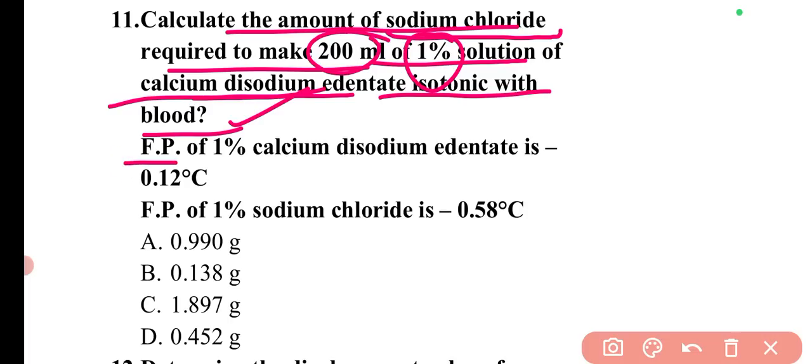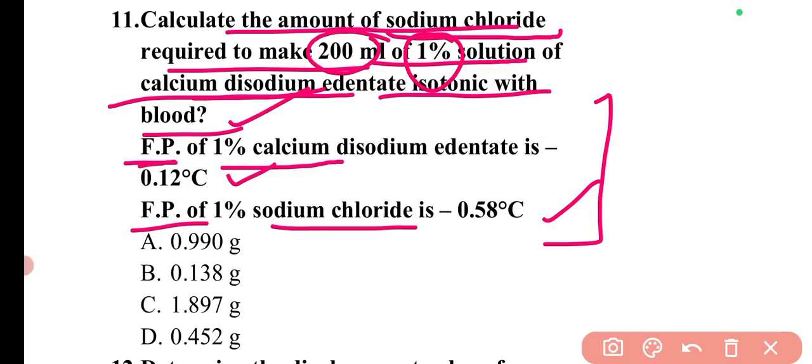We also have two values: the freezing point of 1% calcium disodium edetate is 0.12 degrees Celsius, and the freezing point of 1% sodium chloride is minus 0.58 degrees Celsius.